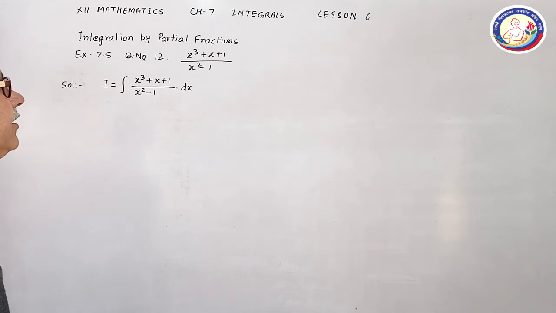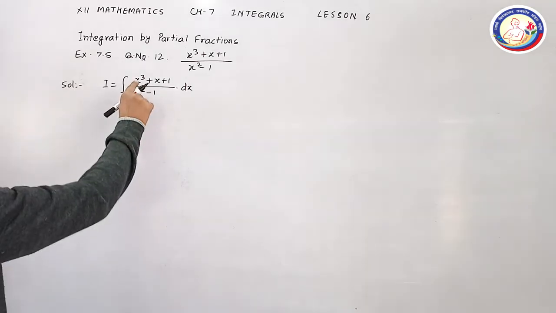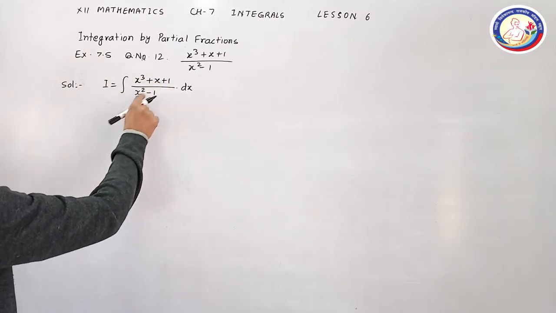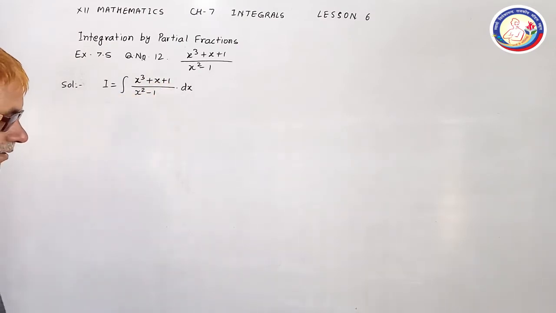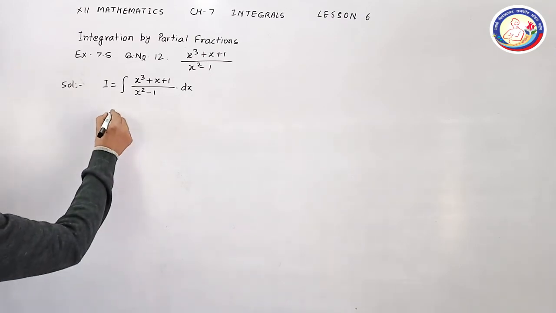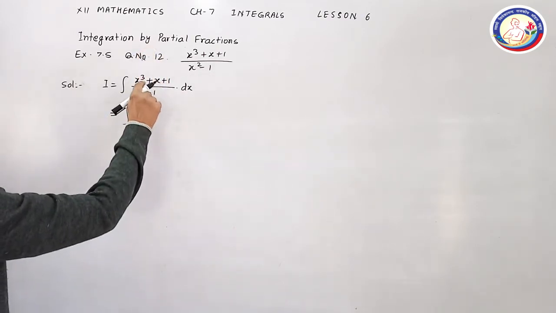Take another type of question in which the highest power of the variable in the numerator is greater than in the denominator. So in this case, we will divide this x cube plus x plus 1 by x square minus 1. We can use this method here.